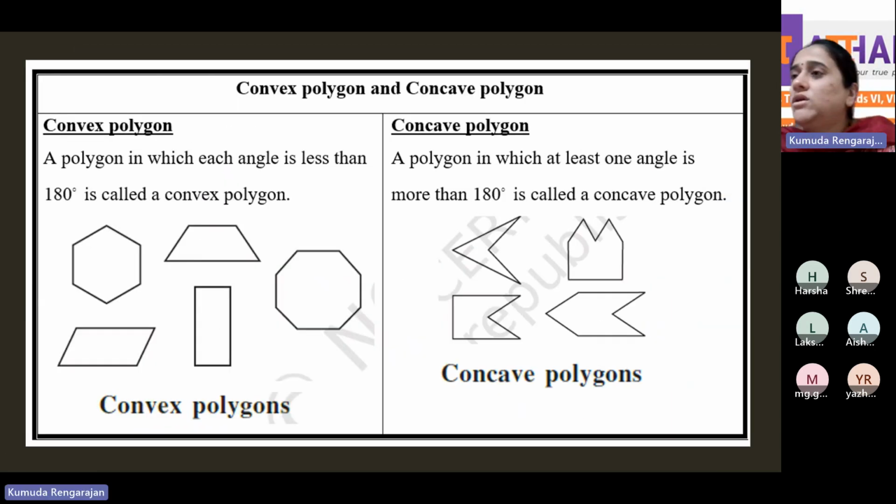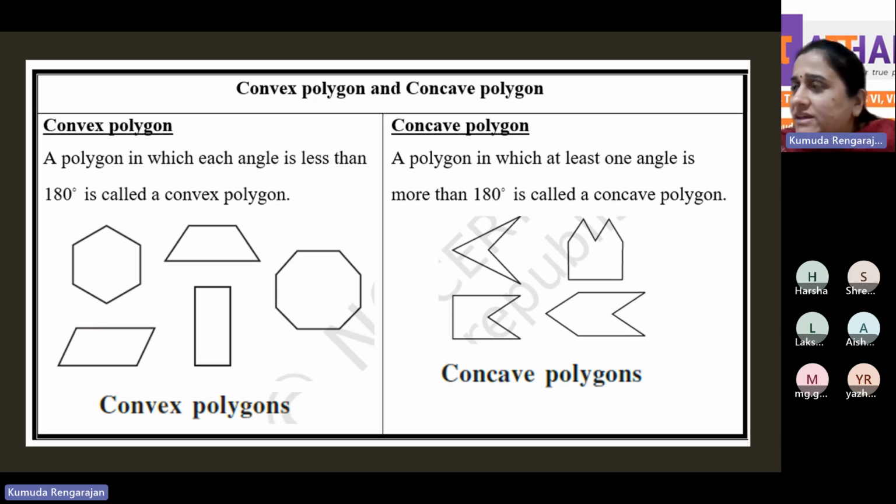Now coming to regular and irregular polygon. A regular polygon is one in which all the sides are equal and all the interior angles are also equal. When you take a quadrilateral, it has 4 sides and also 4 interior angles.